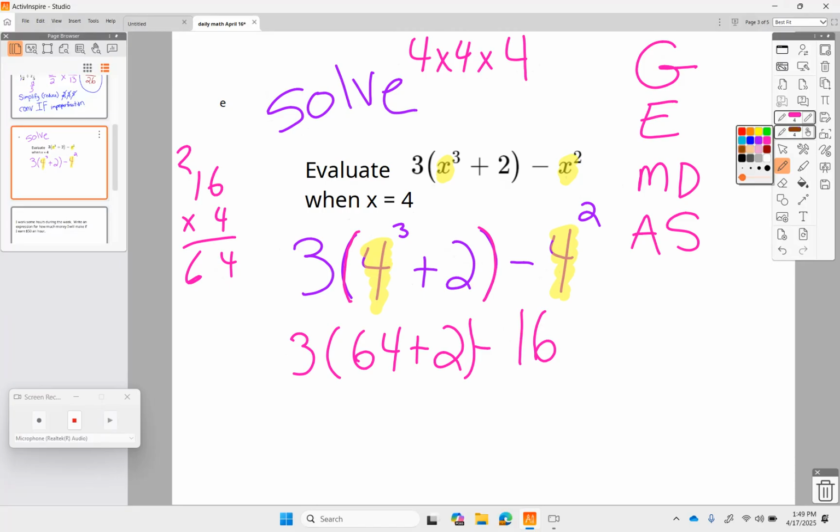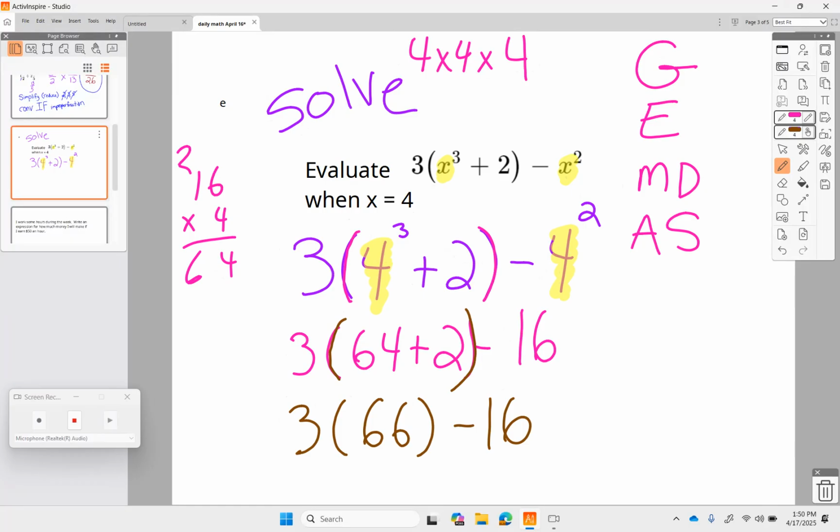Still working with my grouping symbols. Inside my grouping symbols, I have addition. So I'm going to do 3 times, and this became 66. Okay? So I've done my grouping symbols.